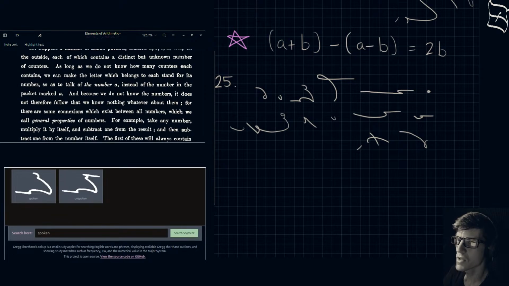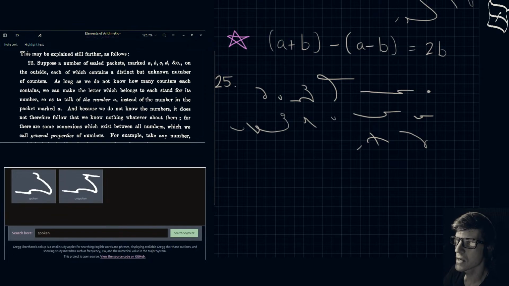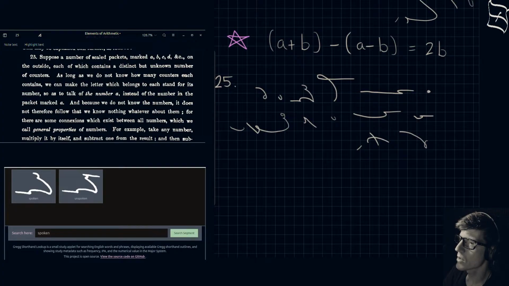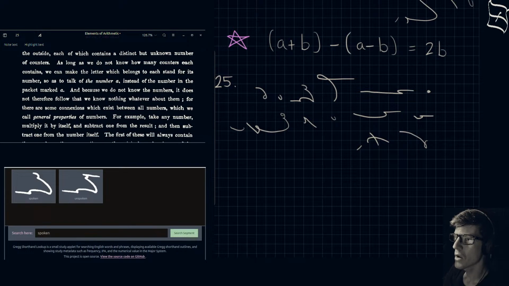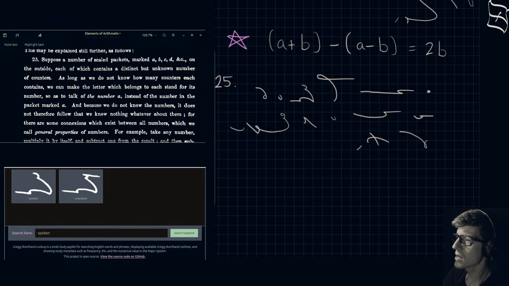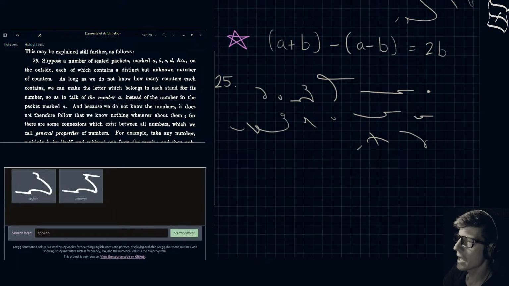All right, so that's what's meant here when it says that we do not have to know the number of counters, and that's quantity. We don't have to know the quantity of the number. All we need to know is that it is a number, right? As long as it belongs to the set of counters. If it could potentially have a counter, then that's what we're talking about, okay?